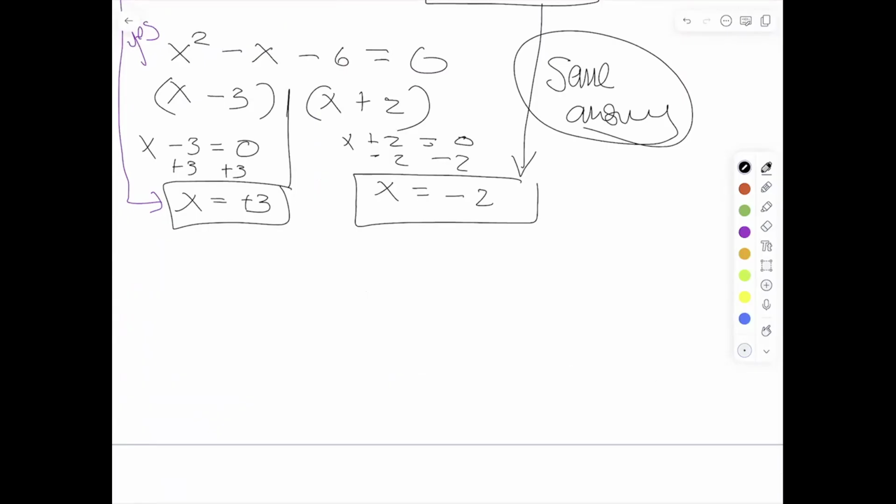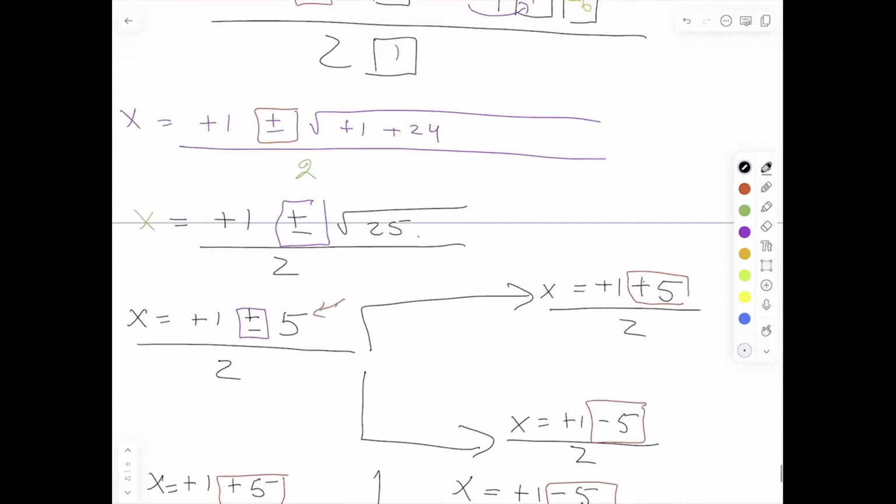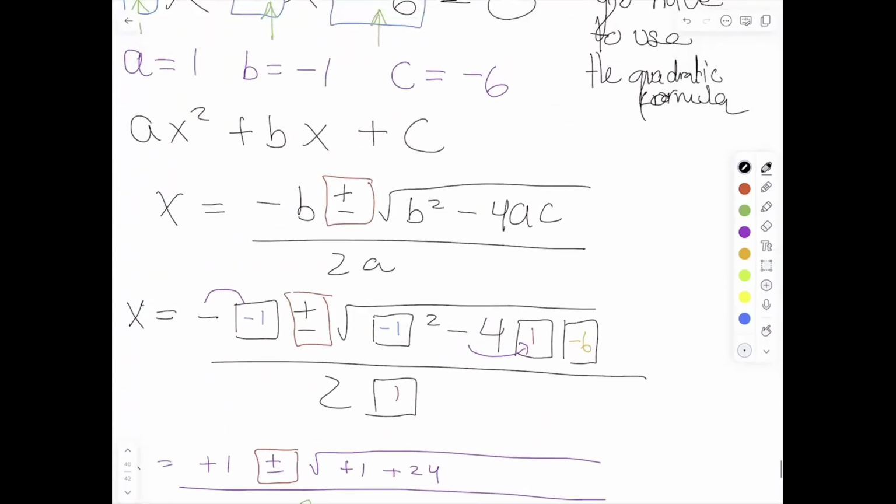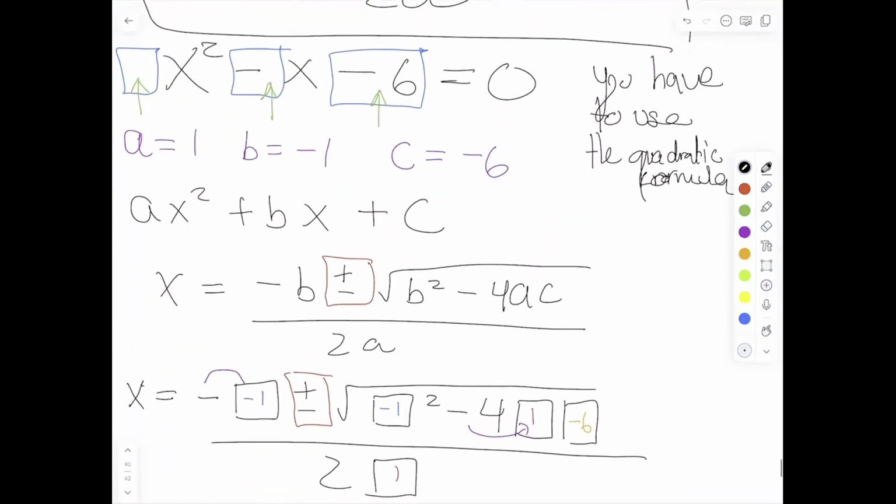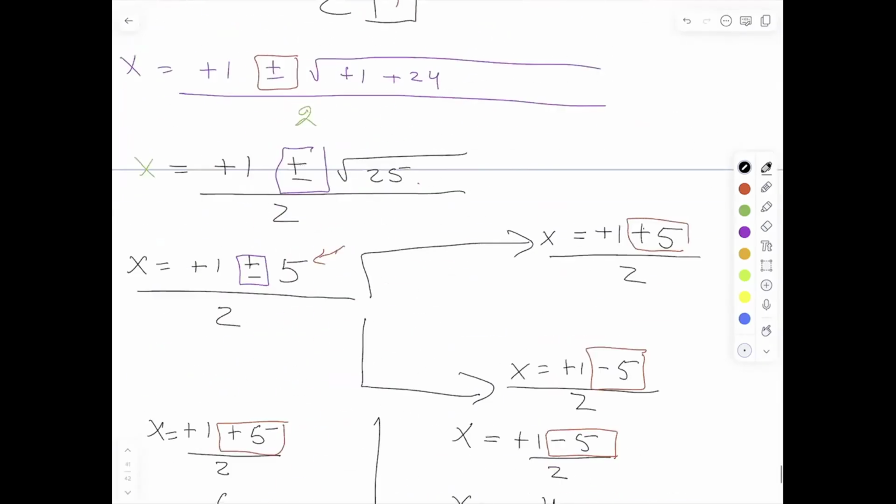It's like snap, crackle, pop. Really easy. The reason why I did it the long way is because I wanted you to see the difference. Now, we are going to do a question that you cannot factor. And that's what we're going to do right now.